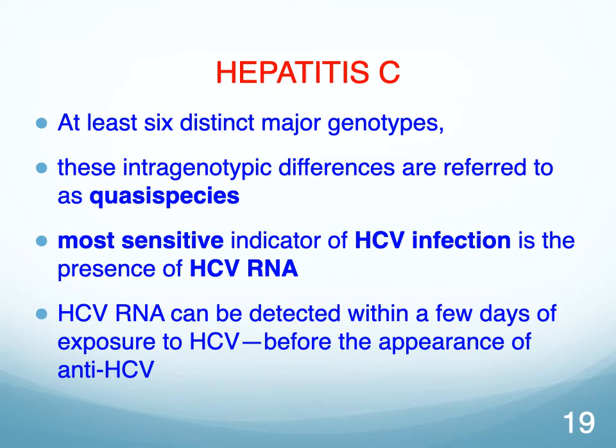In hepatitis C, there are at least 6 major genotypes, and these are called the quasi-species of hepatitis C. If the patient acquires HCV infection either by IV drug use or blood transfusion, then HCV RNA is present.